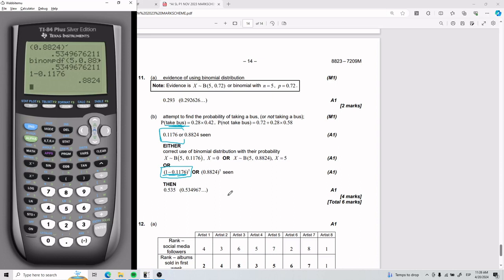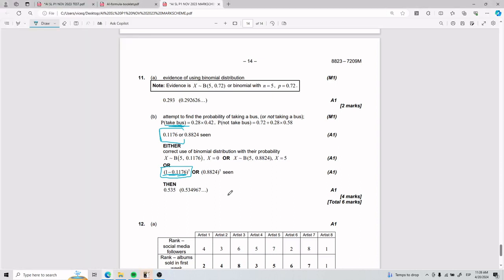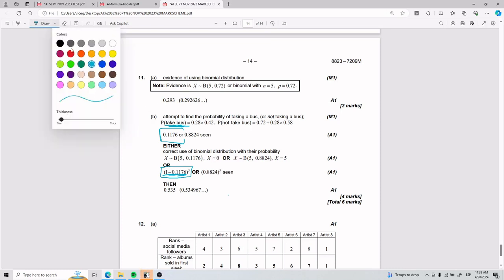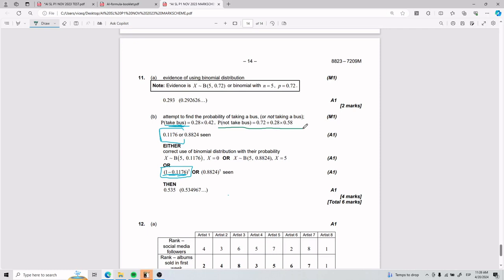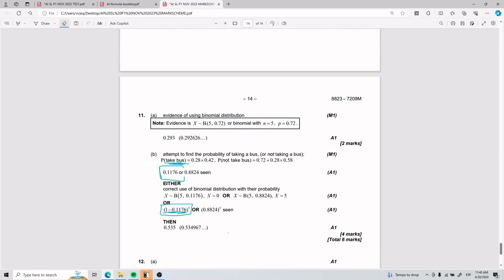So you can work backwards. Maybe it's more intuitive. I'm just pointing it out in case it helps you. For me, it's way easier if I think about only the scenarios of not taking the bus and work from there. But, to each their own. All right? I hope it helped. And that is number 11.